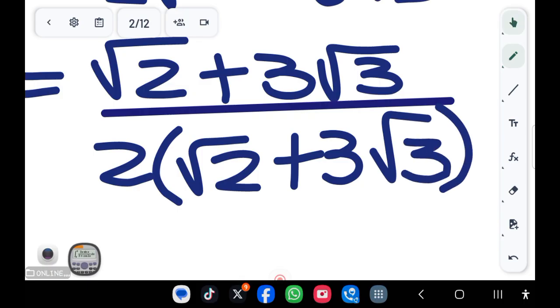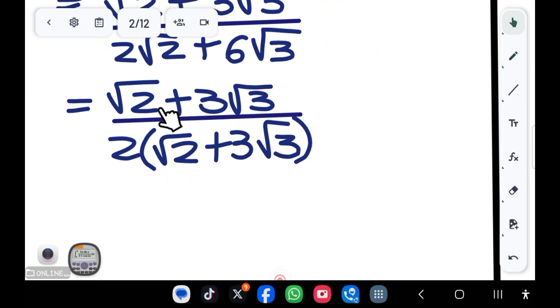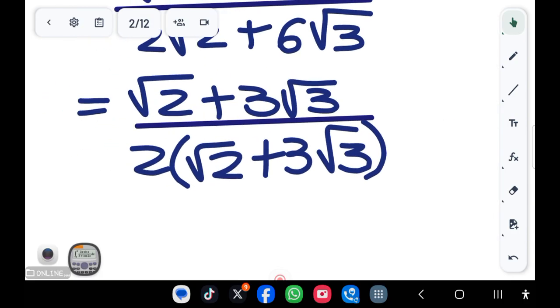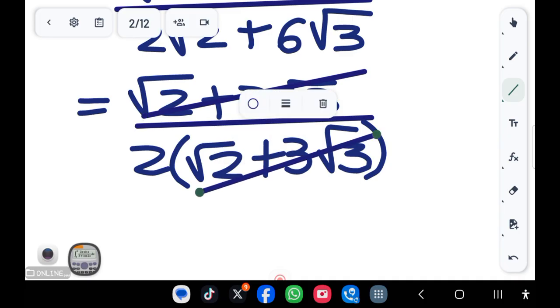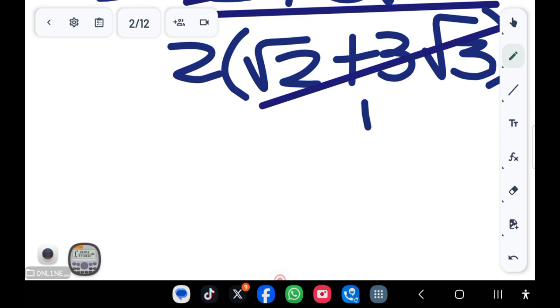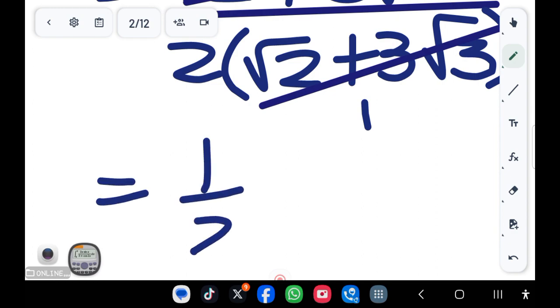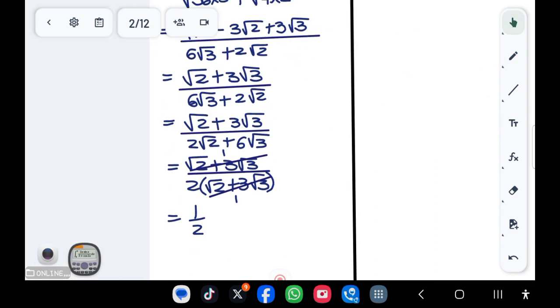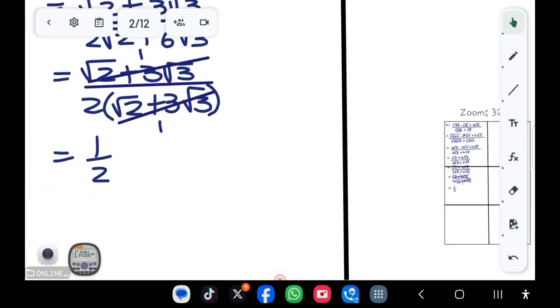And now notice that root 2 plus 3 root 3 is exactly the same thing as the numerator, so we cancel out, and that leaves us with 1 over 2, and that is how you simplify that. That leaves us with 1 over 2, and that's the answer there.